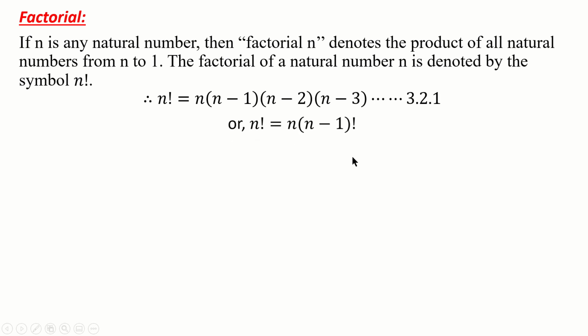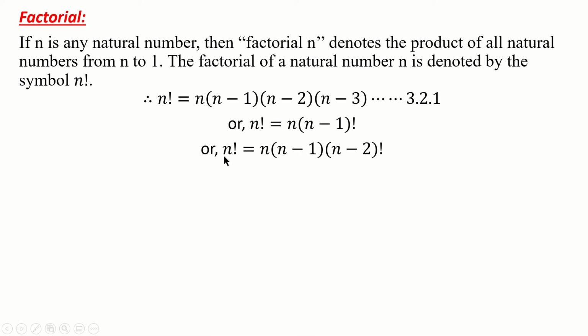This equals, we can write, n into (n minus 1) factorial, as (n minus 1) factorial means the product from n minus 1 to 1. Here n is present, so n into (n minus 1) factorial means n into n minus 1, n minus 2, ..., 3 to 1.